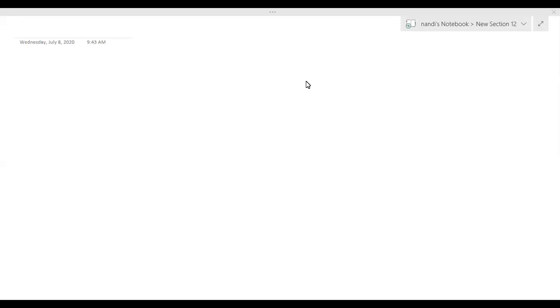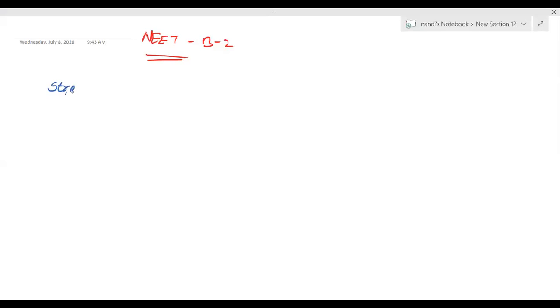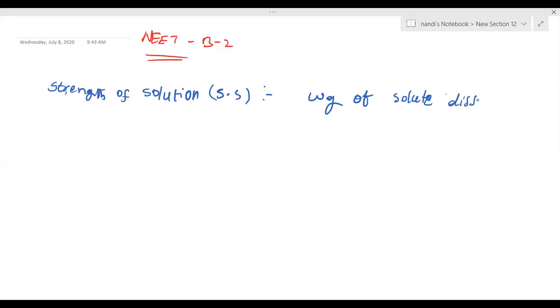Okay, we'll start now. Strength of solutions. W grams of solute dissolved in 1 liter of solution, so it's called strength of solution.